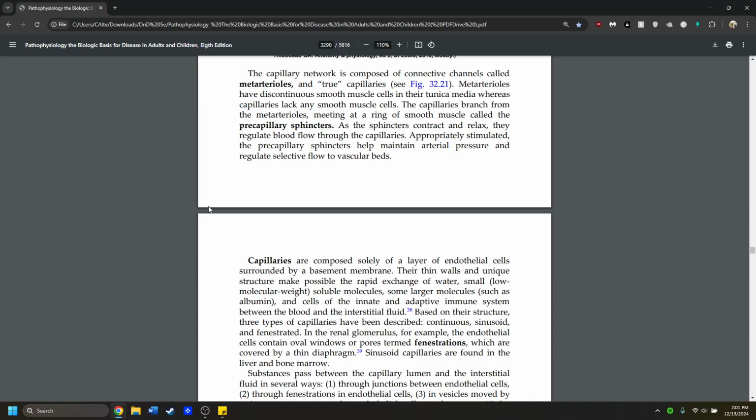The capillaries branch from the metarterioles, meeting at a ring of smooth muscle called the precapillary sphincter. As the sphincters contract and relax, they regulate blood flow through the capillaries. Appropriately stimulated, the precapillary sphincter helps maintain arterial pressure and regulate selective flow to vascular beds.